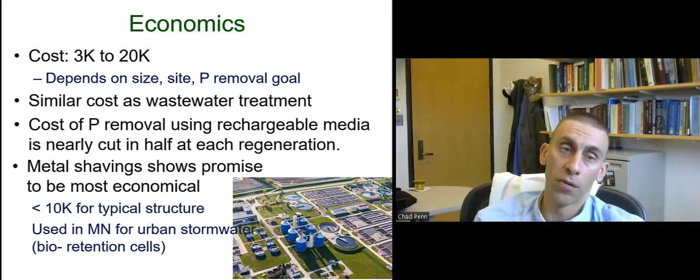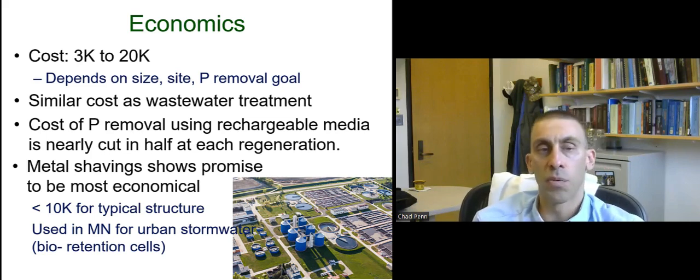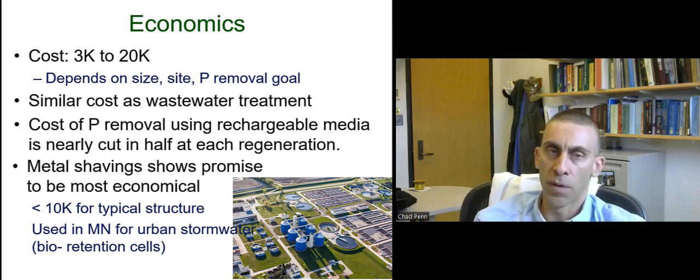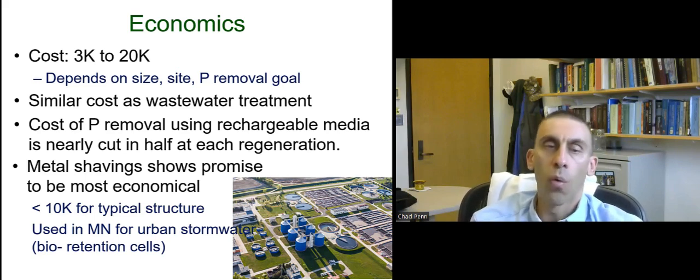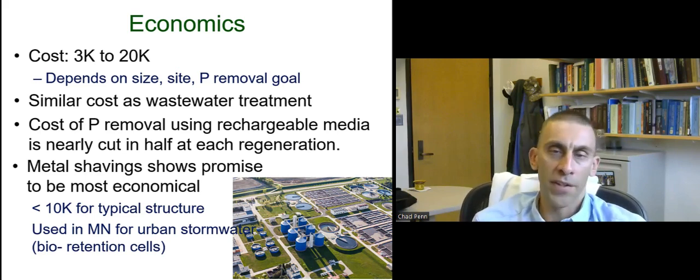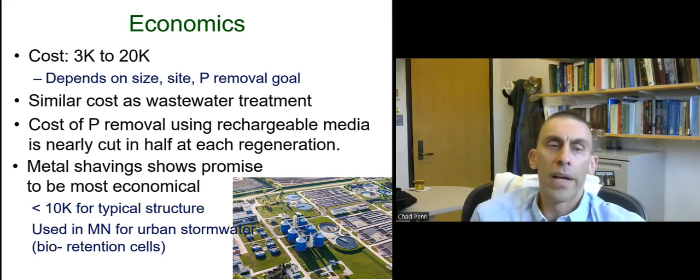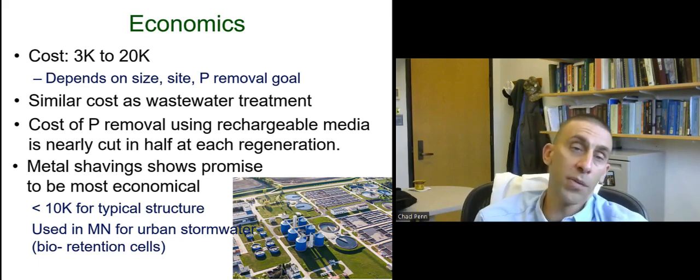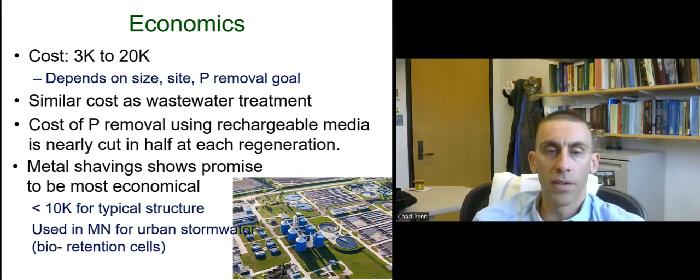Although it's a lot harder than wastewater treatment because we're removing dissolved phosphorus. It's a bit more difficult, and it's a much more dilute source compared to wastewater. With wastewater, you've got much higher concentrations. It's a single pipe. It's not spread out over hundreds of acres. It's a lot easier to remove. So the fact that we're still in that ballpark is a good sign.